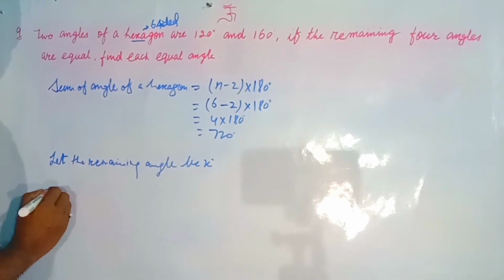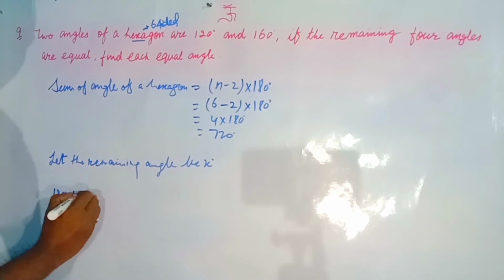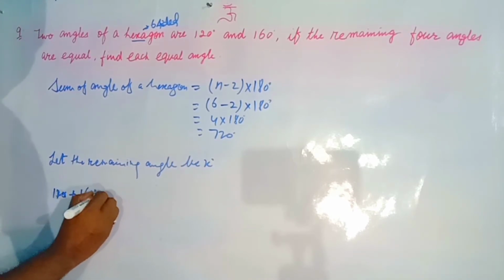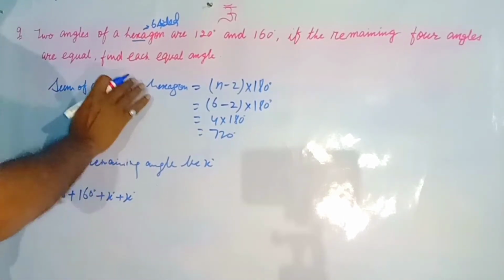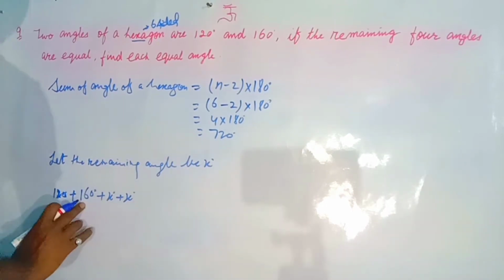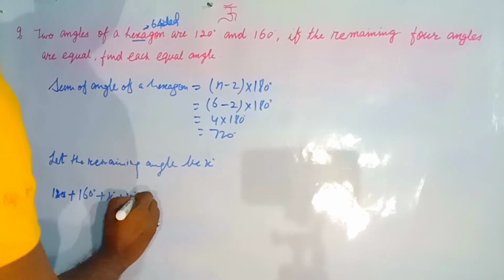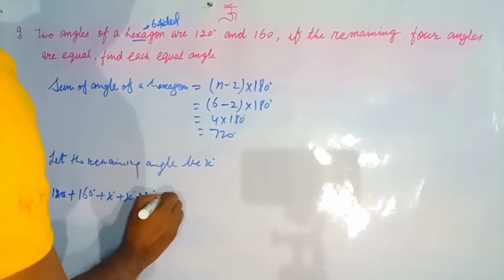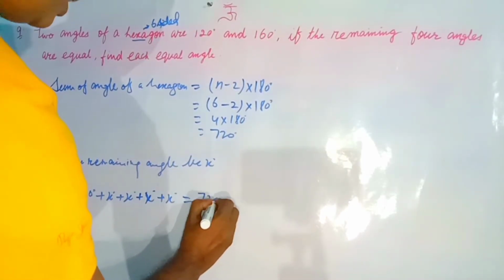Then we have 120 degrees plus 160 degrees, plus x degrees, x degrees, x degrees, x degrees, because it is a six-sided figure, so there will be 6 angles. The first is 120 degrees, the second is 160 degrees, and the other four are each x degrees. That will be 720 degrees.